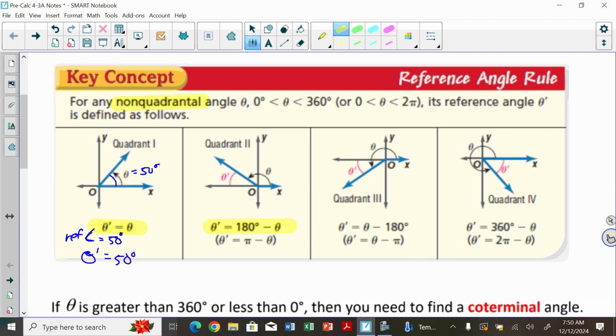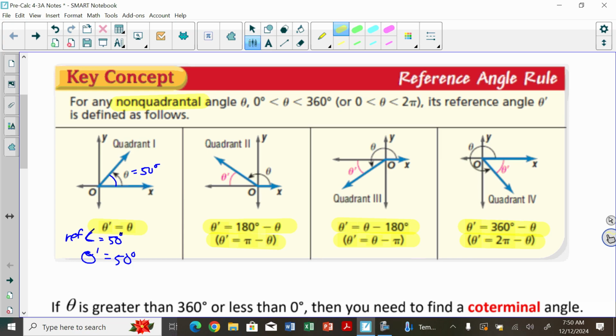Quadrant 3, you're going to do the opposite: you take theta and subtract 180 from it, or in terms of radians, theta minus pi, because pi is 180. And if it's in quadrant 4, we're talking about 360 degrees, so we would find it by subtracting that angle from 360, or we could use 2 pi if we're talking radians, because 2 pi is equivalent to 360.